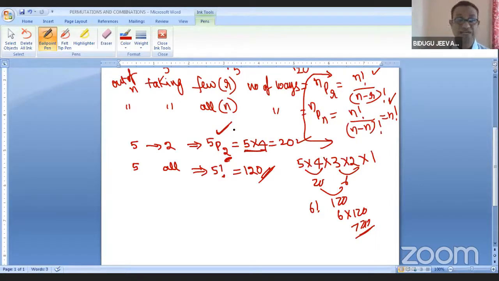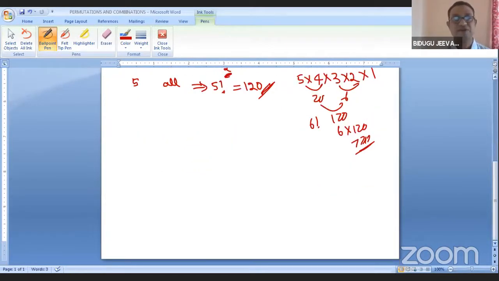Now let me talk about the types of permutation. How many types of permutations are there?